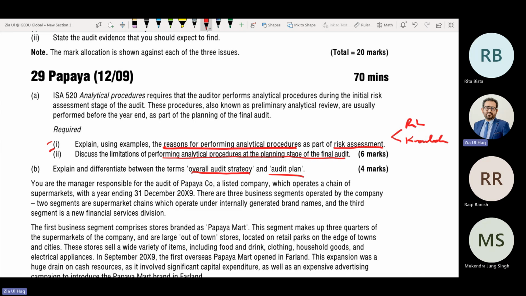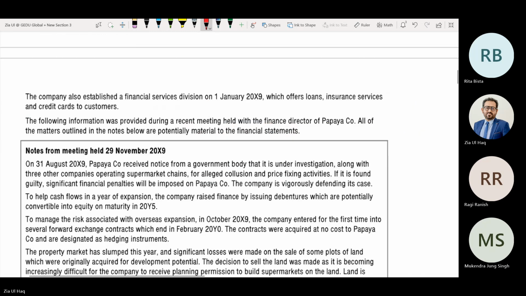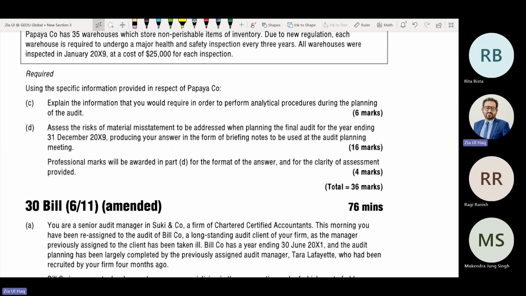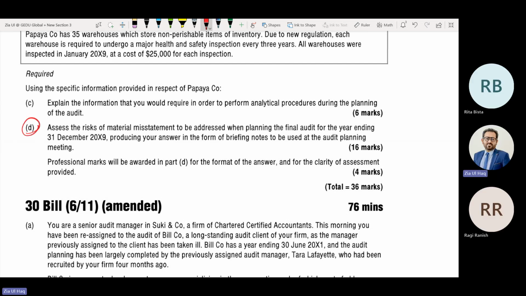This is straightforward. Let's move towards part D of the question. The reason we are covering this question, part D, is for 16 good marks. Assess the risk of material misstatement to be addressed when planning the final audit for the year ending 31st December 2009.